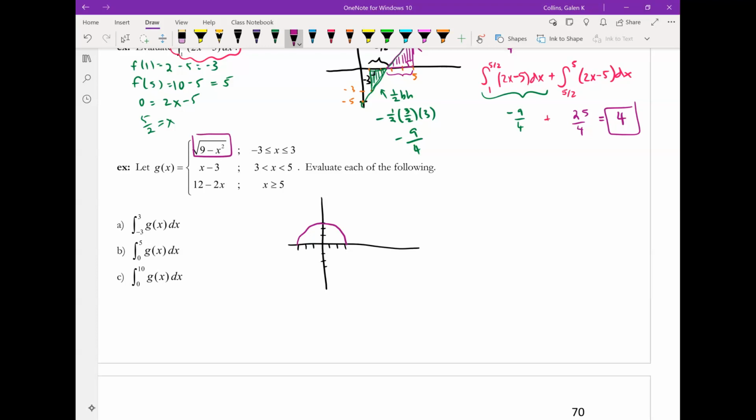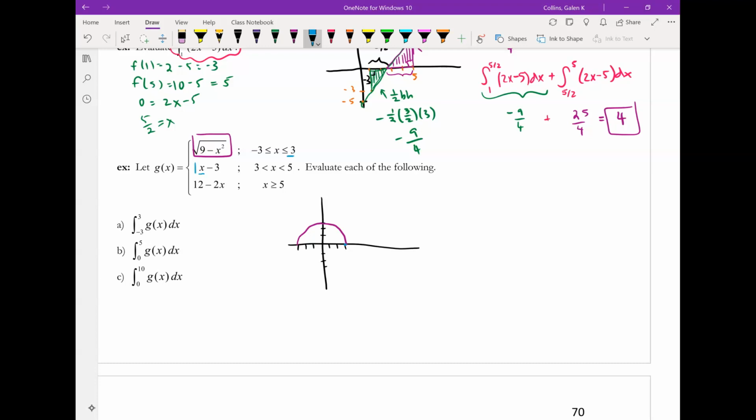From 3 to 5 on our x-axis, we have the function x minus 3, which is linear. And so if I just plug in a 3 for x, 3 minus 3 is 0. So I know that this function is continuous at 3 because from the left and right, we're at y equals 0, or g equals 0. And then I could think of this as having a slope of 1.